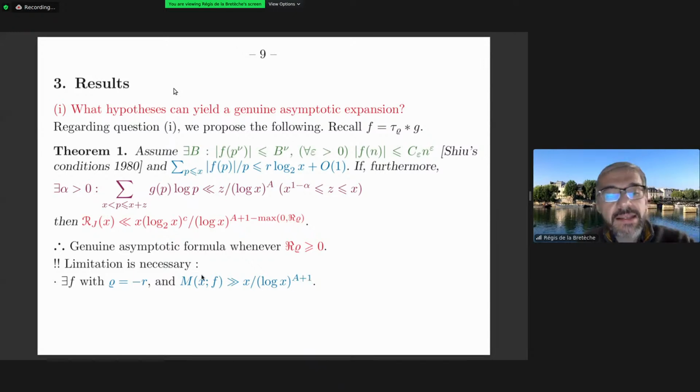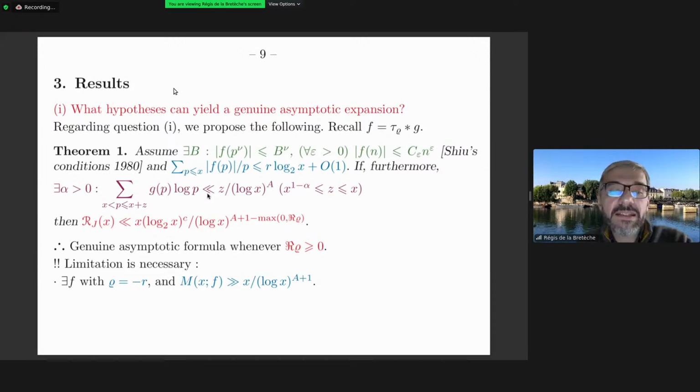But as rho is negative, the error term dominates the term given by the Selberg-Delange.